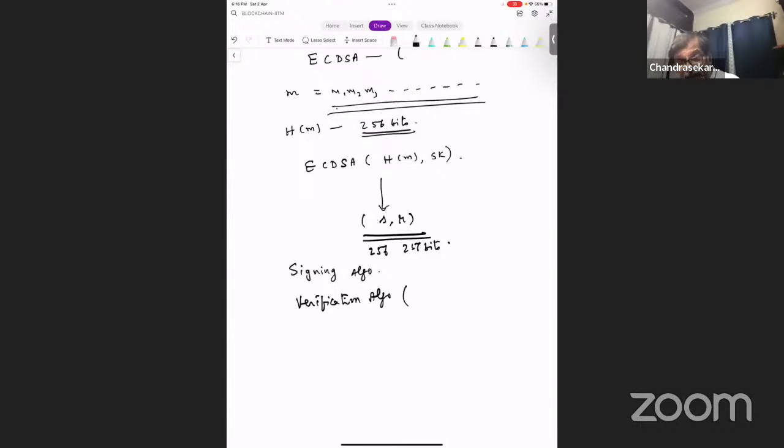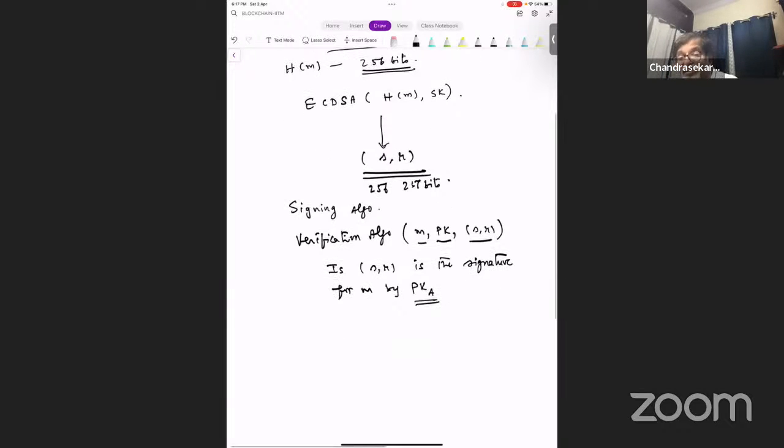The verification algorithm will take the message, in fact the hash of that message, which will be automatically computed, and the public key of the person who is signing, and the signature S, R. Is S, R the signature for M by the person who has this public key, whoever it is?